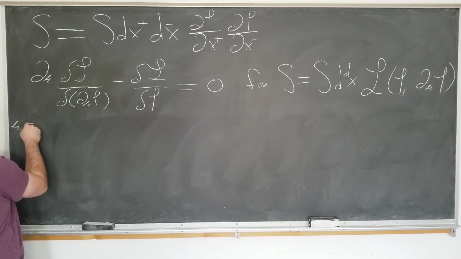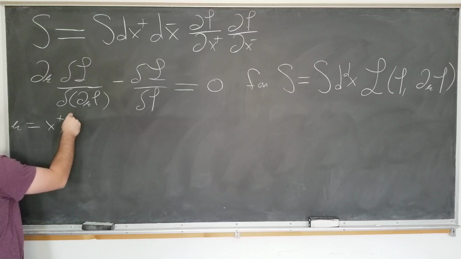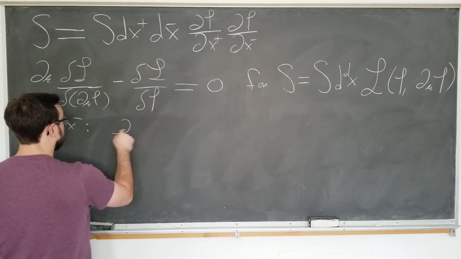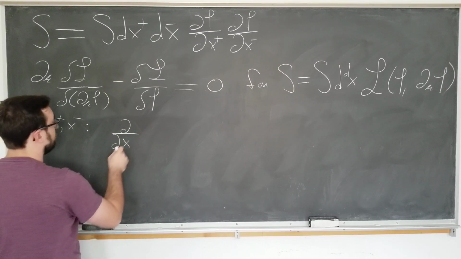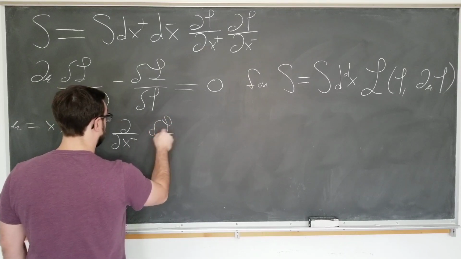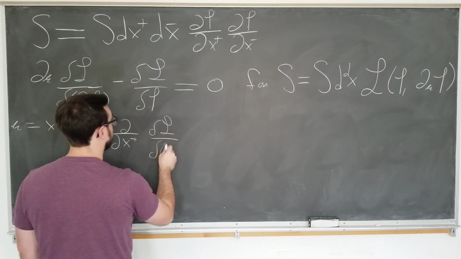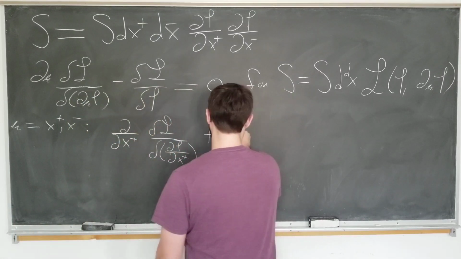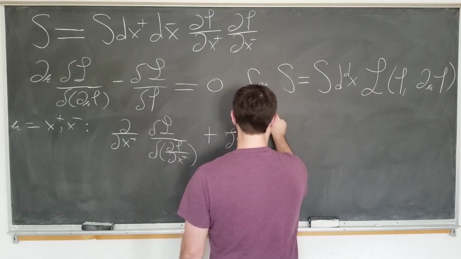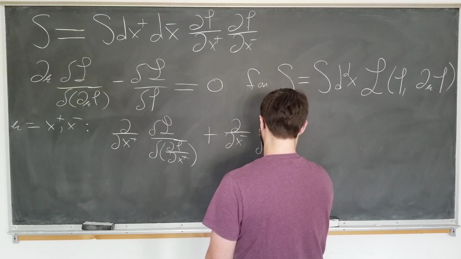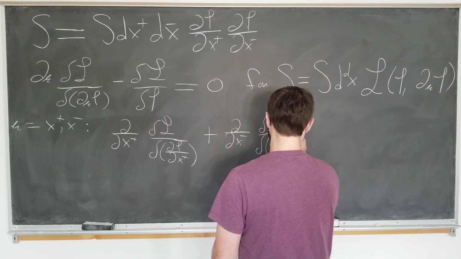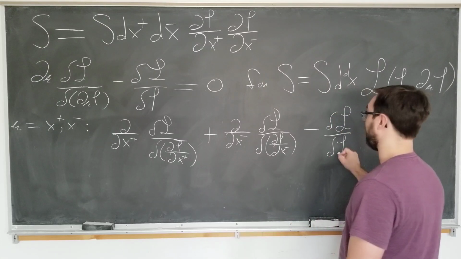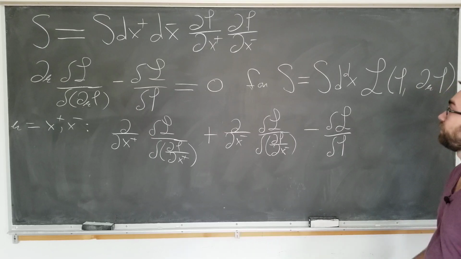We're going to have, for mu equal to x plus and x minus, d by dx plus of the variational derivative of L with respect to d phi by dx plus, another term here, d by dx minus of the variational derivative of L with respect to d phi by dx minus, and we have one final term, the variational derivative of L with respect to phi itself. Okay, let's start plugging in terms here.